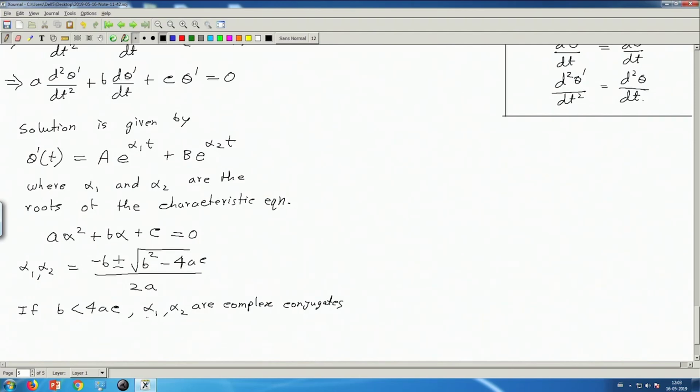Okay, and therefore you can write this solution, you can rearrange these terms of it, and you will find the solution.